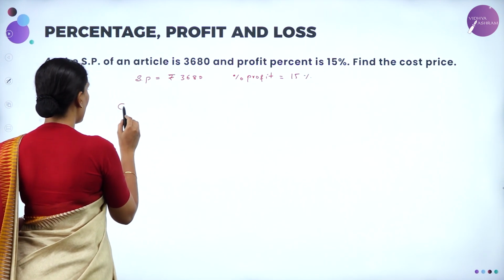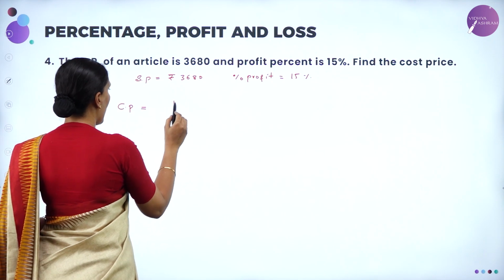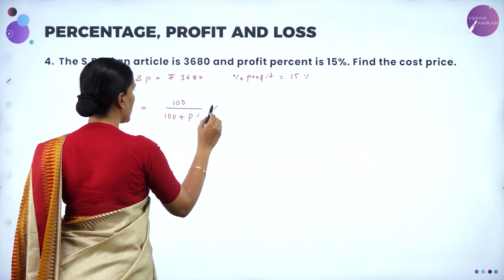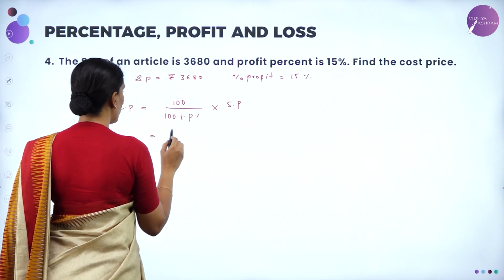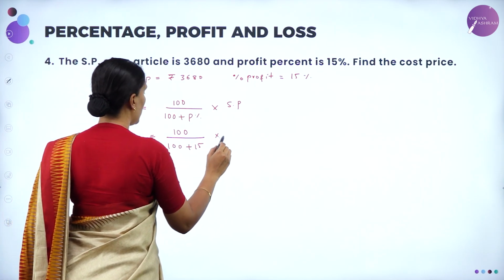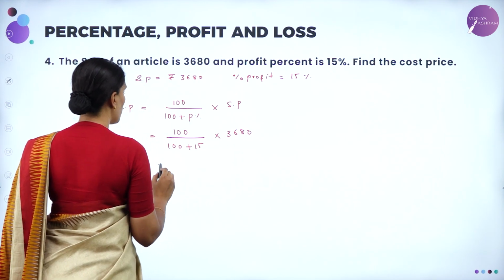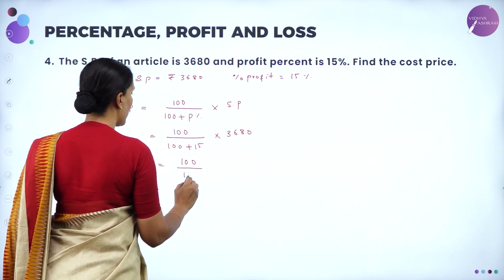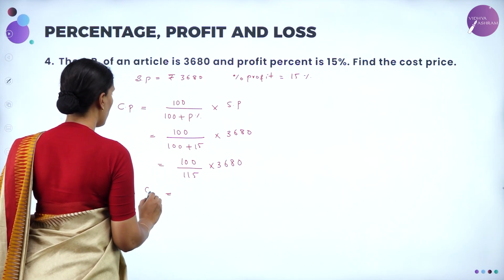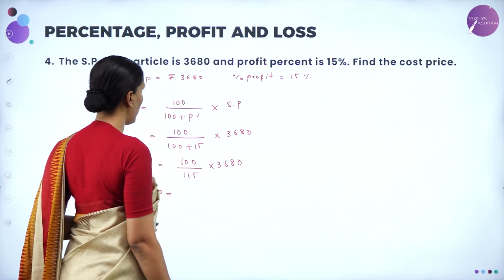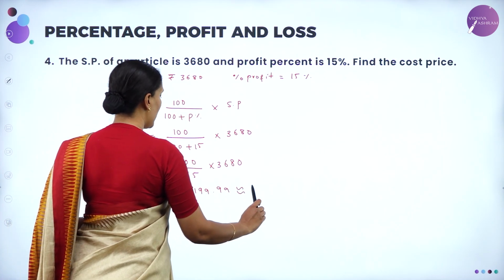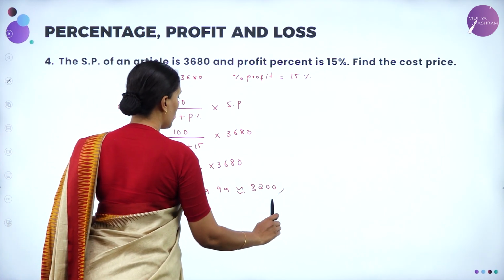We can calculate the cost price as 100 divided by 100 plus profit percentage into selling price, which is 100 divided by 100 plus 15 into 3680. So which is 100 divided by 115 into 3680. The final cost price of the article is 3,199.99, approximately equal to 3,200.